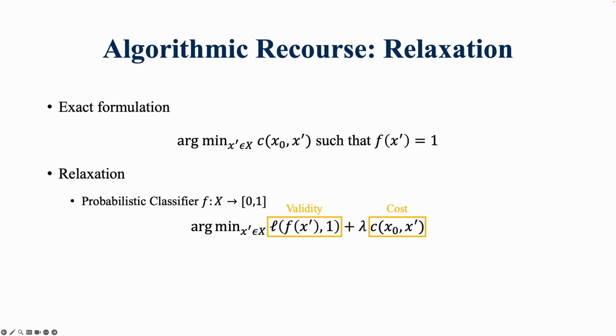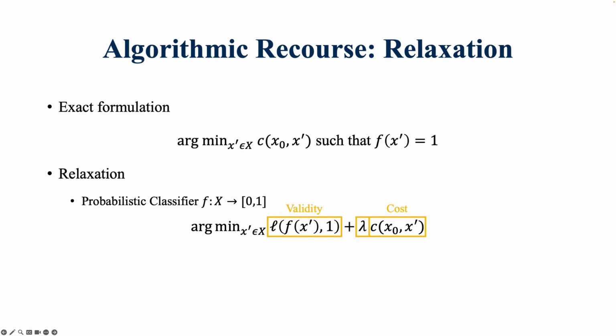Since these 2 objectives might conflict, we introduce a balancing parameter lambda. If lambda is set to a very small value, the optimization will prioritize achieving an output close to 1, even if the cost becomes high. On the other hand, if lambda is larger, we focus more on keeping the cost low, even at the expense of the model's output being further from 1.